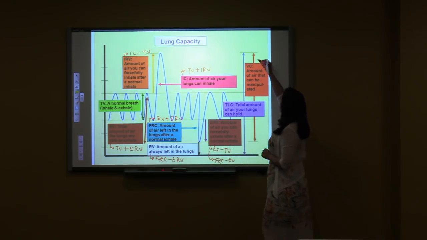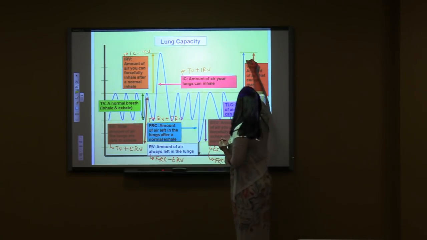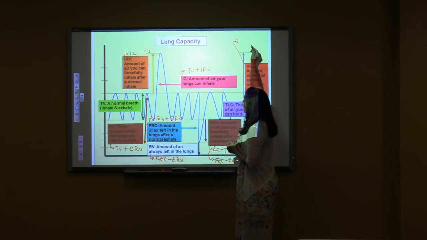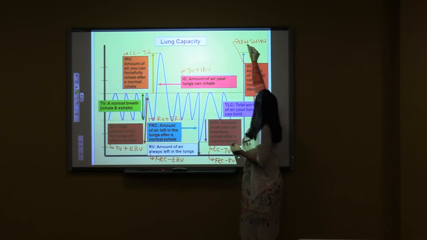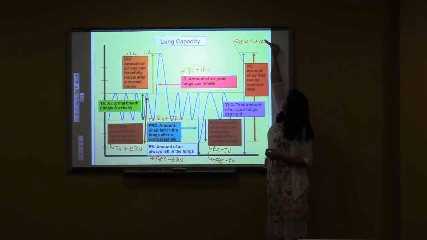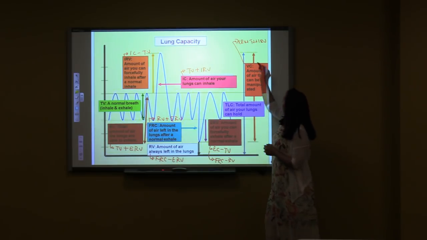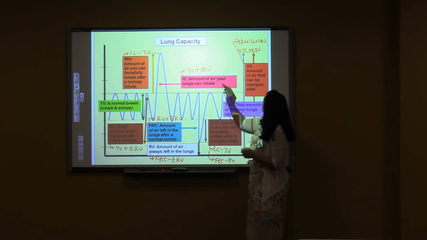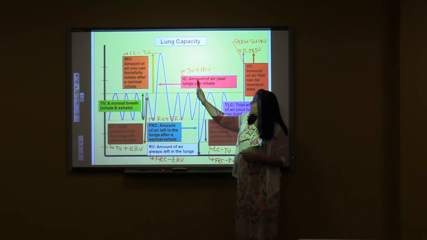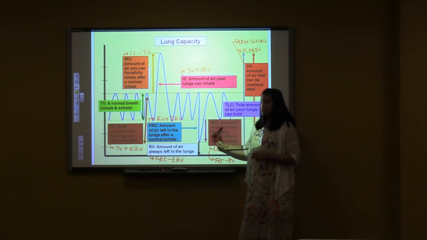How do you calculate VC? Again, there are three different equations. So one is ERV plus TV plus IRV. It can also be calculated with IC plus ERV.